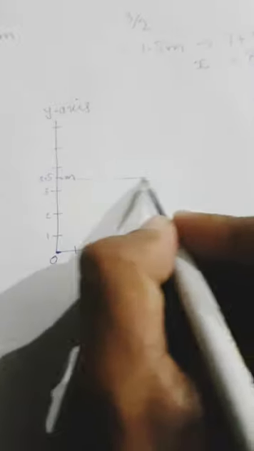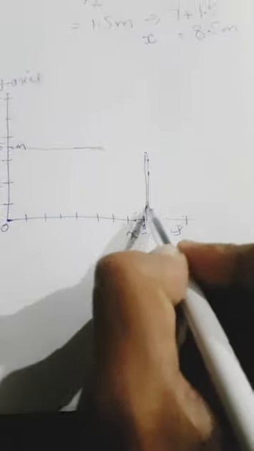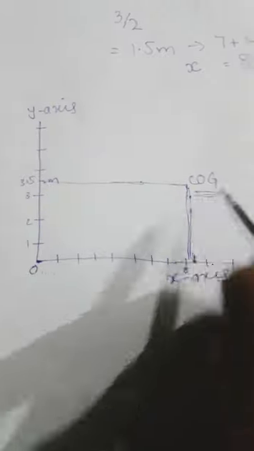From here, 1, 2, 3, 4, 5 and 6, and our y-axis component is 3.5 meter. So 1, 2, 3 and 3.5 meter. So we will join a line at that point, at 8.5, and it is about here. So its center of gravity is at that point.